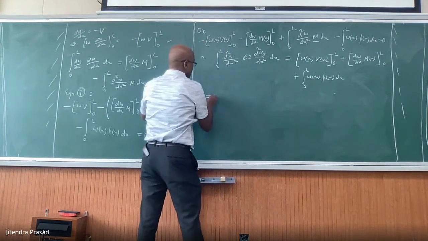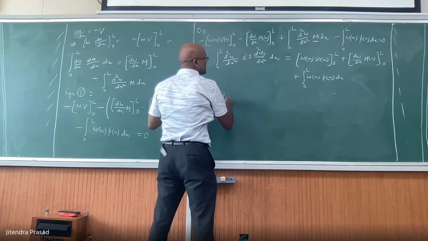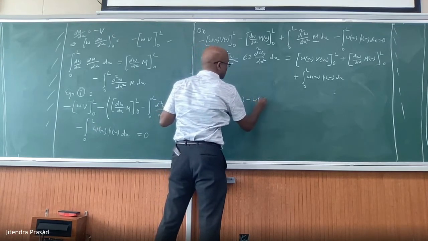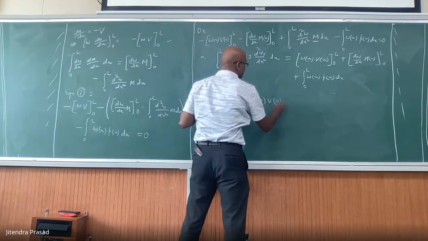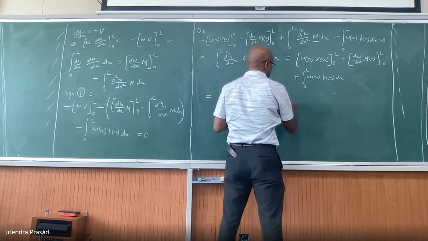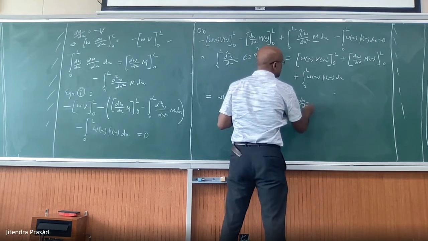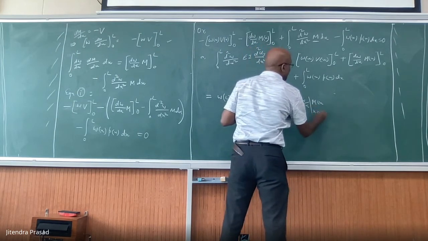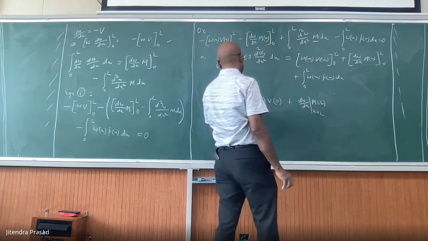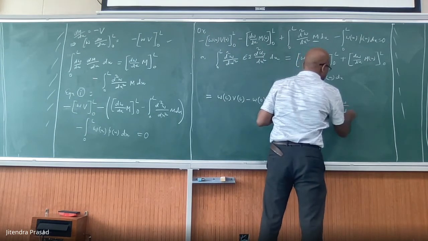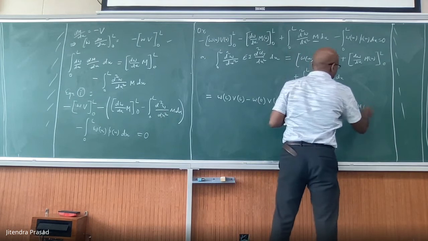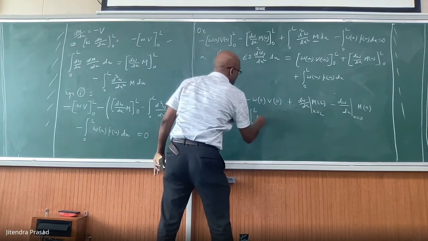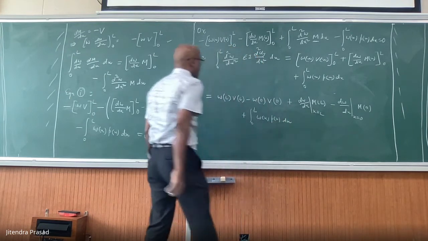We can say it is equal to w at L multiplied by V at L, minus w at 0, V at 0, plus dw over dx at x equal to L times m at L, right, minus dw over dx at x equal to 0 times m at 0, right, plus the integral from 0 to L of w(x) f(x) dx.